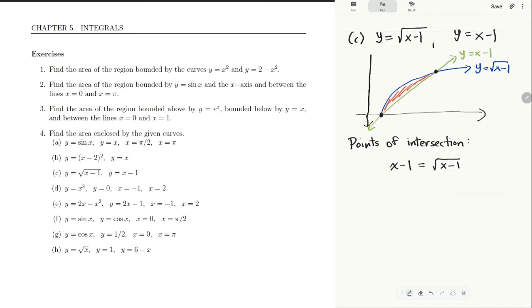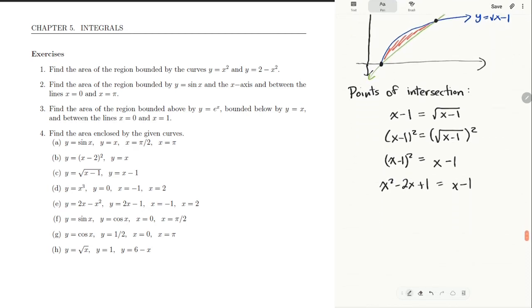And now we solve the equation for x. We're going to square both sides. And we get x minus 1 squared is equal to x minus 1. And now we FOIL the left-hand side. We get x squared minus 2x plus 1 is equal to x minus 1.